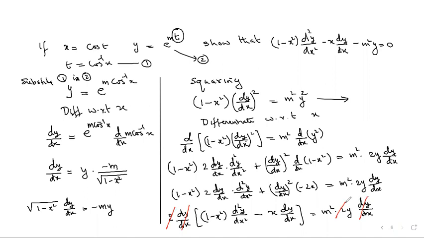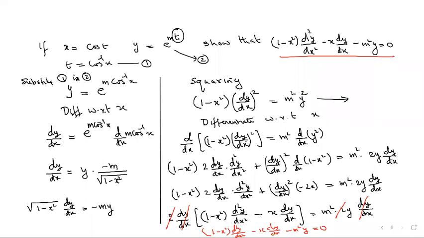Whenever you square and differentiate, there will be a cancellation of 2 dy by dx, and after you cancel, it will come back to this question. So your answer became 1 minus x square into d square y by dx square minus x dy by dx minus m square y equal to 0.